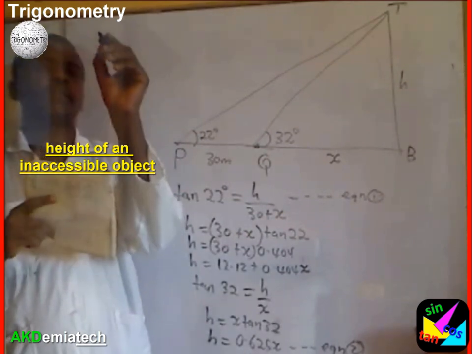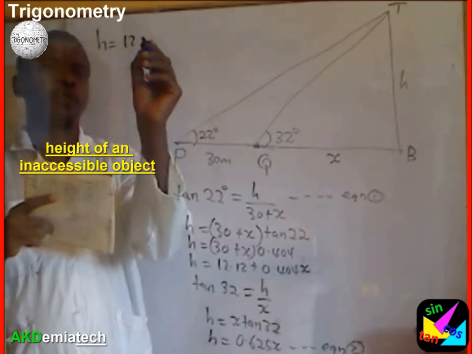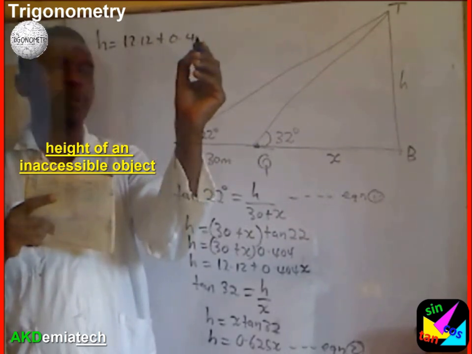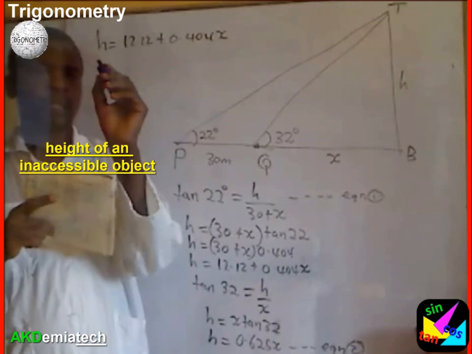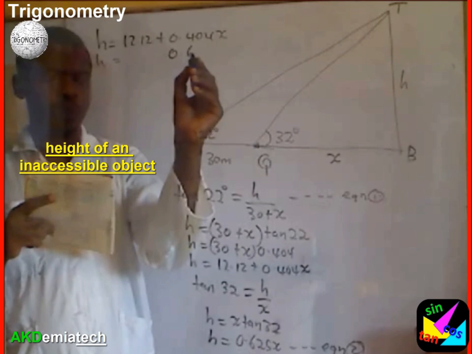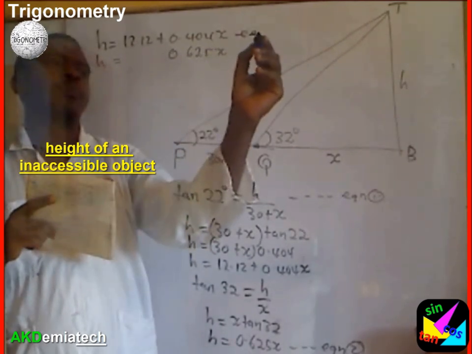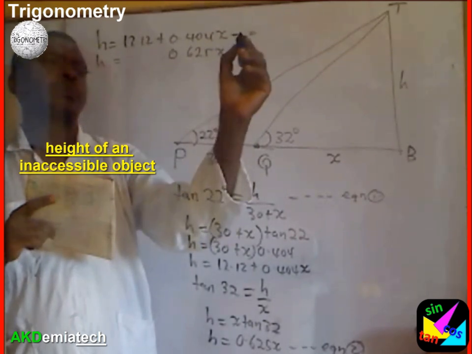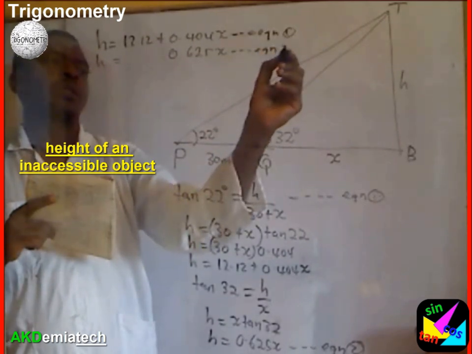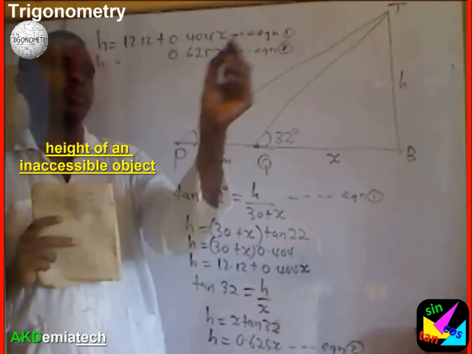So let's rewrite. I have h is equal to 12.12 plus 0.404x. H is equal to 0.625x. So, let's subtract equation 2 from equation 1.